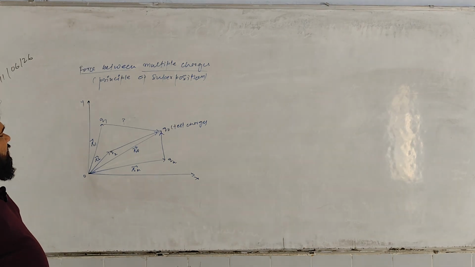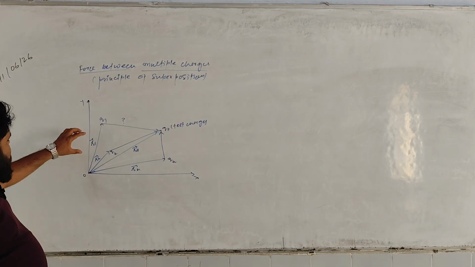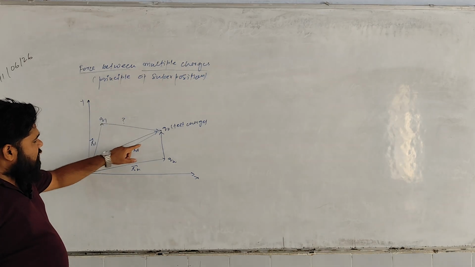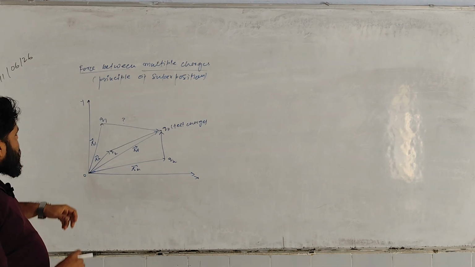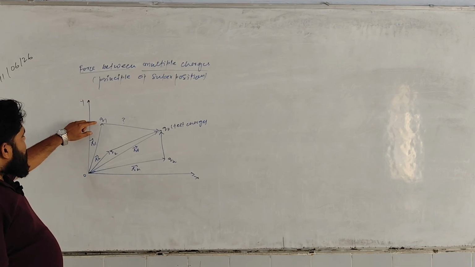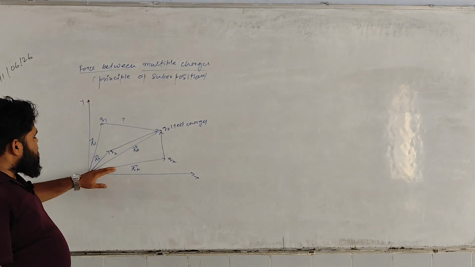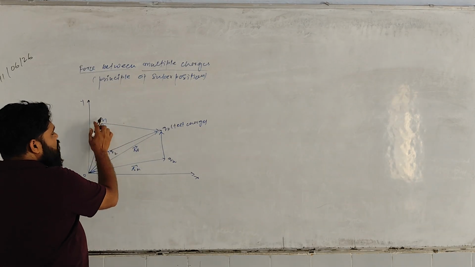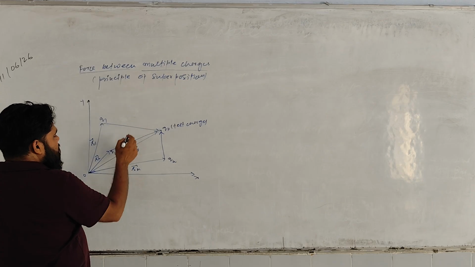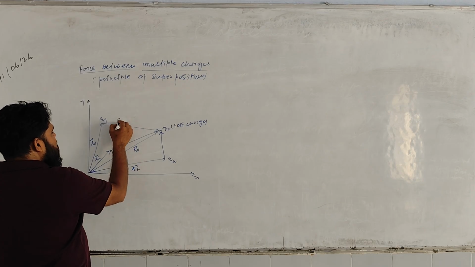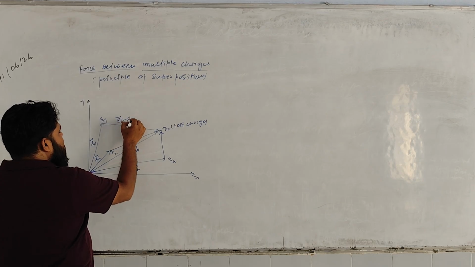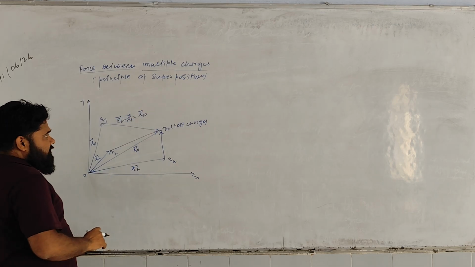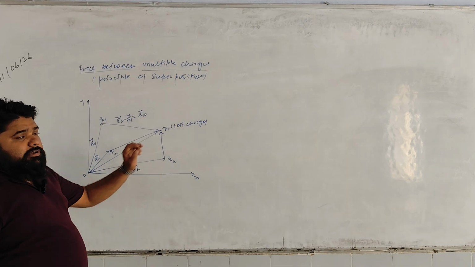When we use the triangle law of vector addition, the sum of vector O to q1 plus q1 to q0 is equal to O to q0. That means q1 to q0 must be equal to r0 minus r1, and this can be written as r10. This is the vector leading from q1 to q0.